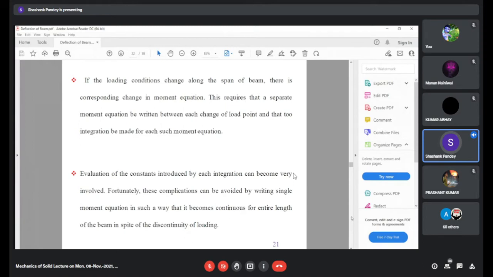Evaluation of the constants introduced by each integration becomes very involved. Fortunately, these complications can be avoided by writing a single moment equation in such a way that it becomes continuous for the entire length of the beam in spite of discontinuity of loading.